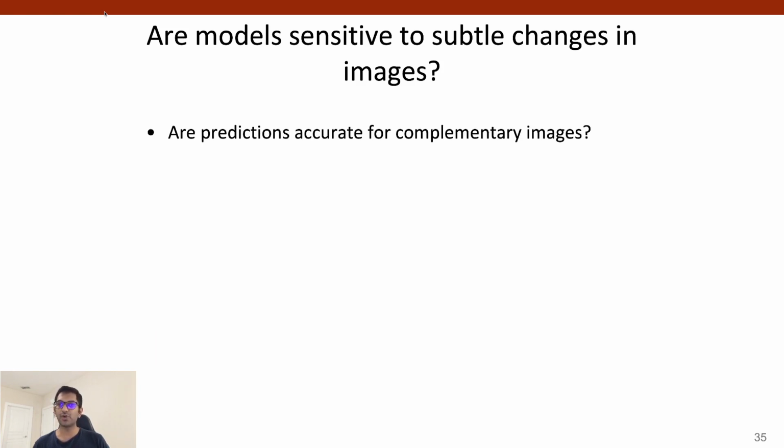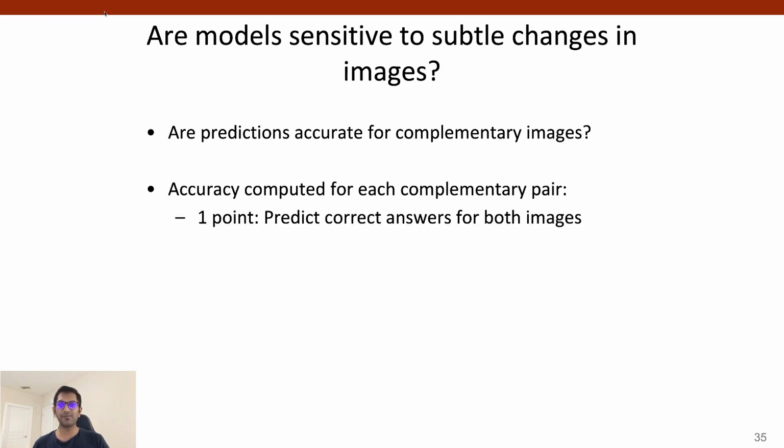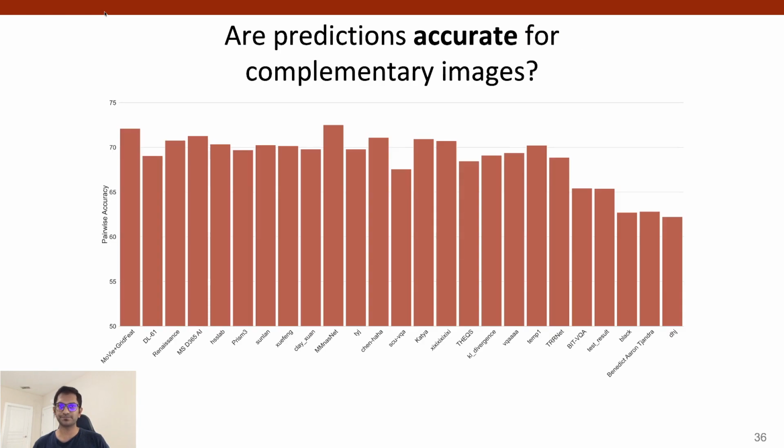In order to answer this question, we analyze whether the model produces accurate predictions for complementary images. We compute the accuracy of each model where the accuracy metric is how many complementary pairs it got right. Under this metric, if the model predicts correct answers for both images, it gets 1 point. Otherwise, it gets 0 points.